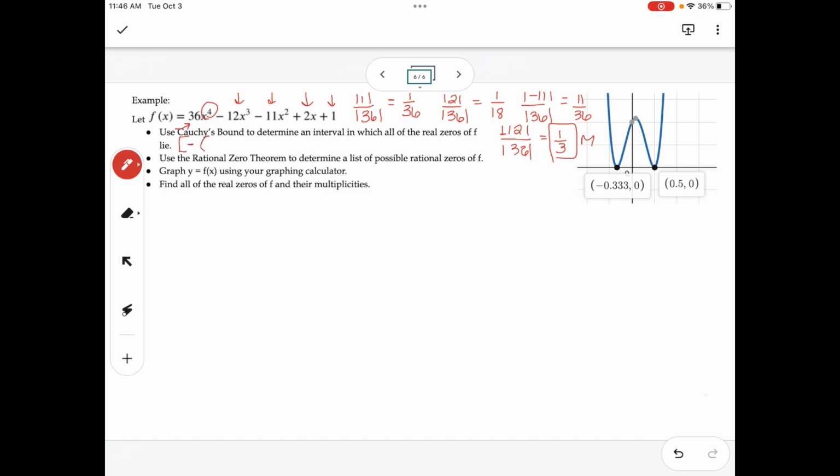So our bound says the opposite of our m value, 1/3 plus 1, and then 1/3 plus 1. This is then going to be negative 1 1/3 all the way to positive 1 1/3 included.